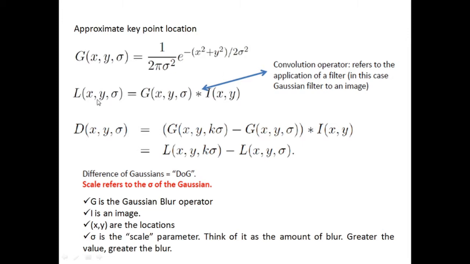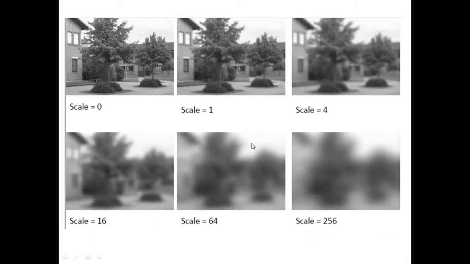Now after finding the L function, I am going to determine the difference of Gaussian. The difference of Gaussian is nothing but the difference of the first scale and the next scale. The first scale is k power of 0, the next scale is k power of 1.